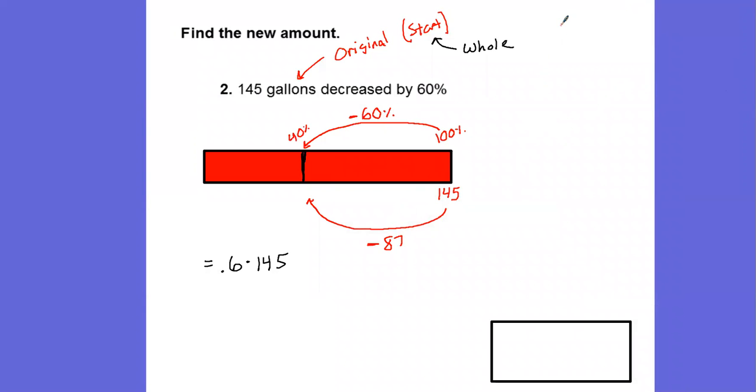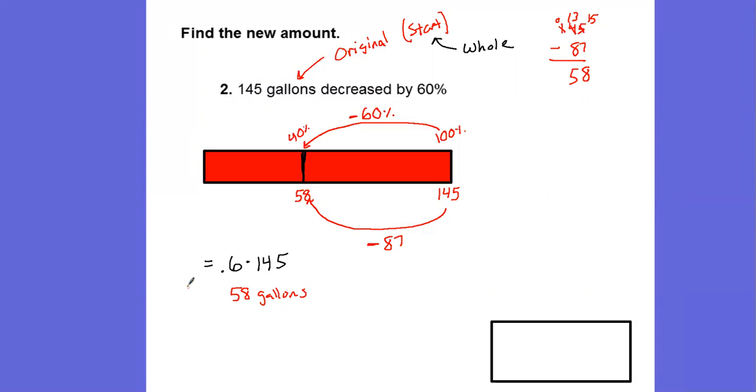All right, so where am I now if I lose 87? If I do 145 minus 87, I can do a little bit of borrowing here. 15 minus 7 would be 8. 13 minus 8 would be 5. So my new amount is going to be 58 gallons.